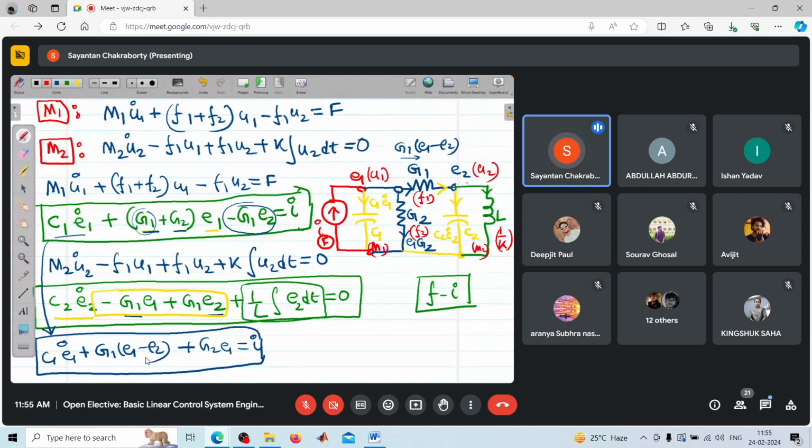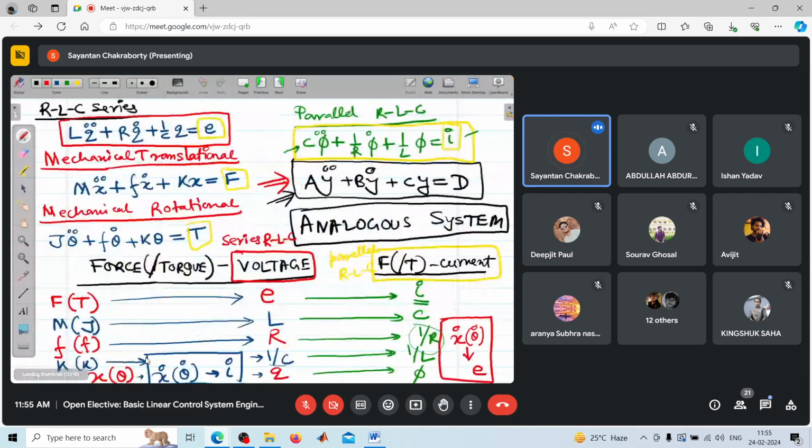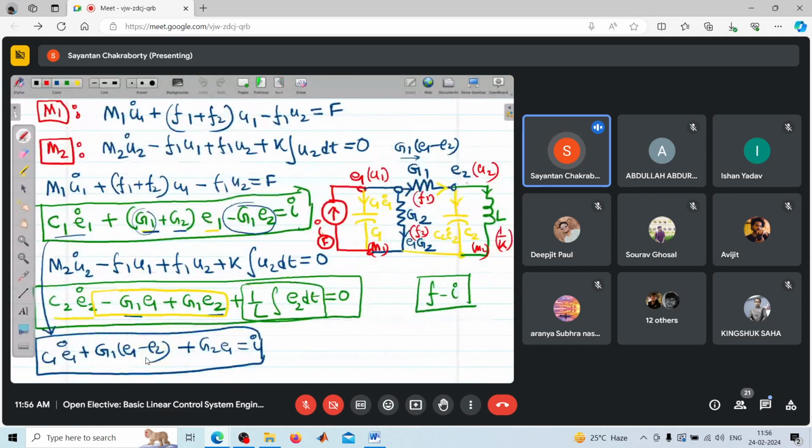So given a mechanical system, just by following this table, we can directly obtain the corresponding electrical equation, and with a careful observation, we can represent that electrical equation in the form of an electrical circuit, either in a series RLC format driven by a voltage source, or a parallel RLC circuit driven by a current source.